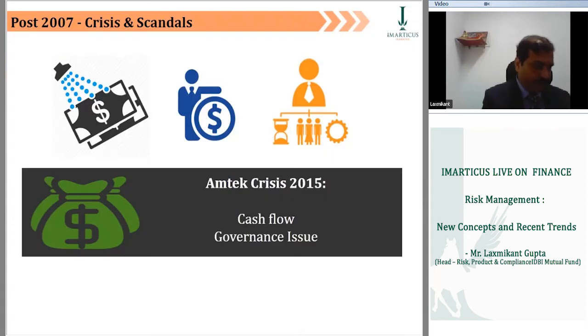Another case was the Amtech crisis, which happened just one year ago. In Amtech, there was nothing going wrong on the misappropriation of funds or scam side, but it was more of a business prudency risk, basically financial mismanagement, where Amtech was aggressive enough to grow, and for the growth it was carrying out inorganic takeovers using various funds, even short-term funds.